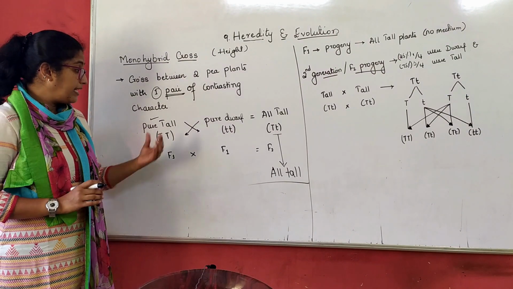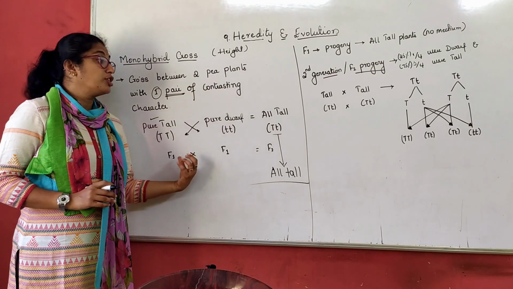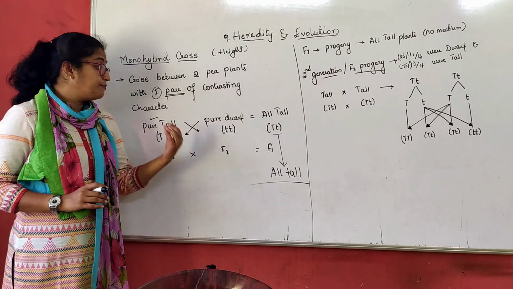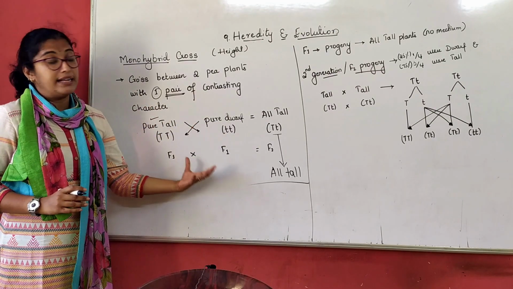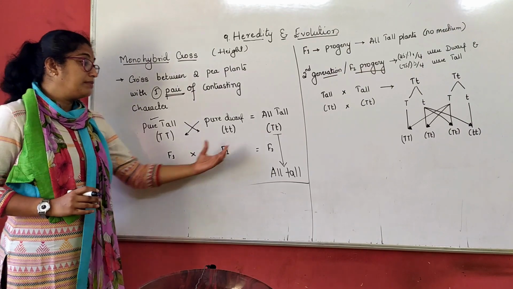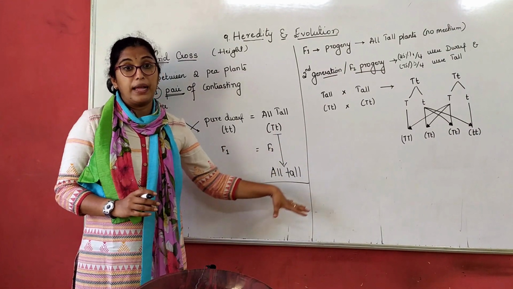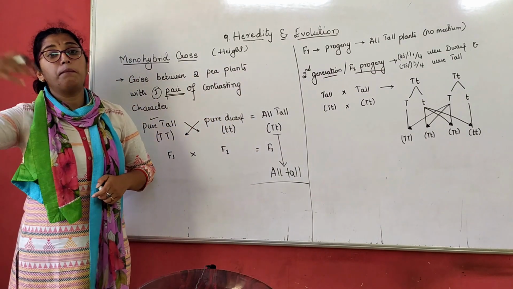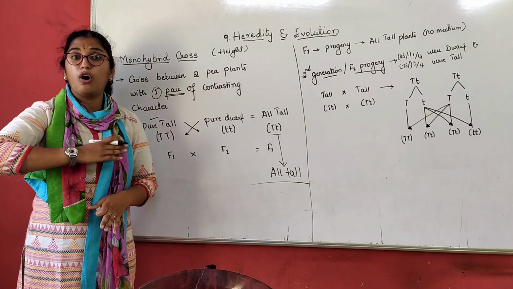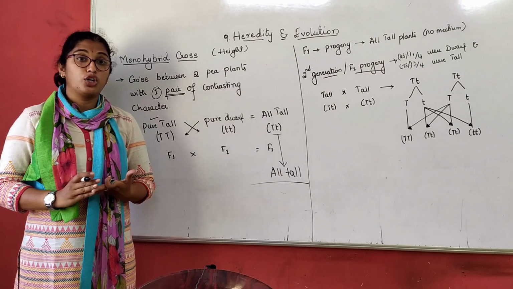I repeat once again, when Mendel chose pure tall and pure dwarf, he cross hybridized these 2 plants. At that point of time, he got all tall plants. Here I have written only one, but a number of tall plants were grown. All which were born were tall.